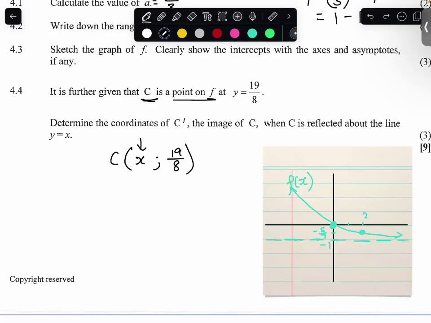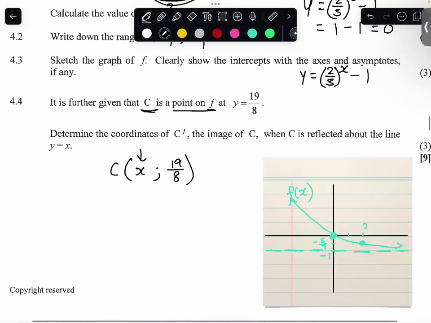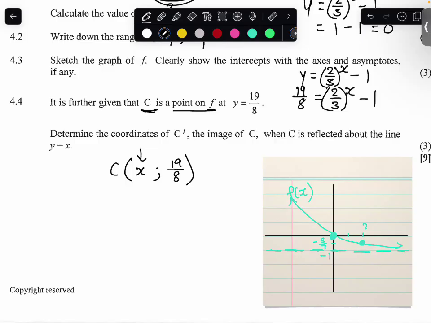So my equation is y is equal to 2 over 3 to the power x minus 1. That's the equation of f. I'm going to sub this set of coordinates in place of x and y and solve for the unknown. So 19 over 8 is equal to 2 over 3 to the power x minus 1. I'm solving for x here.